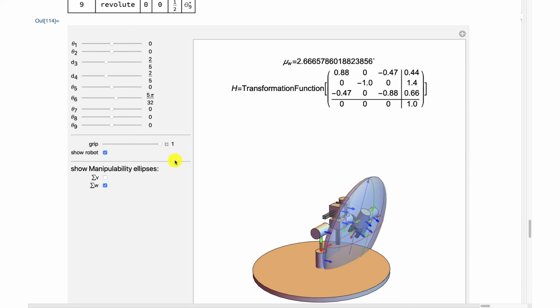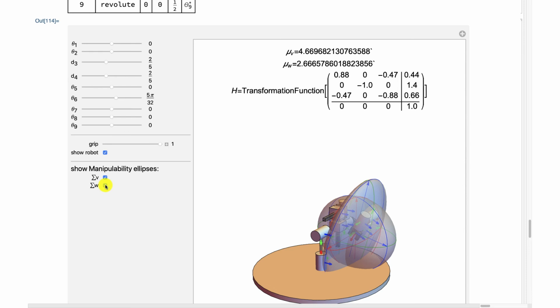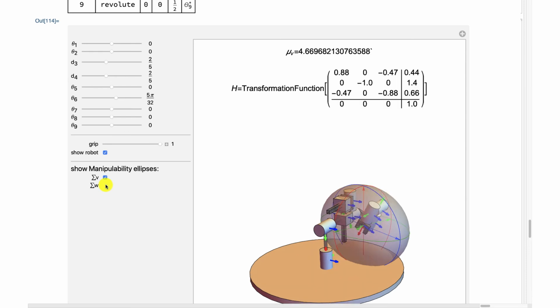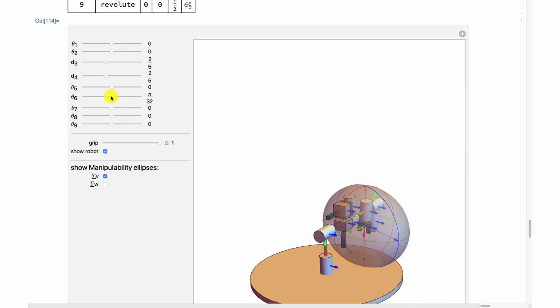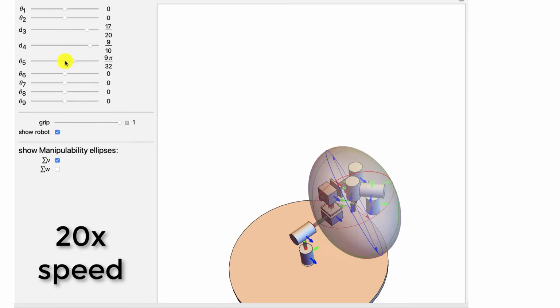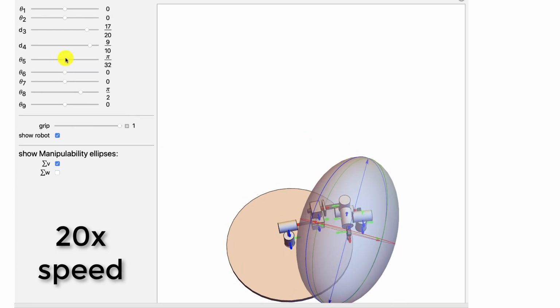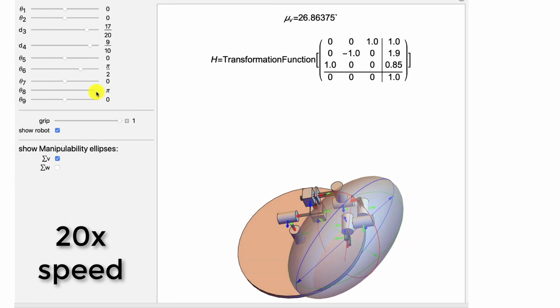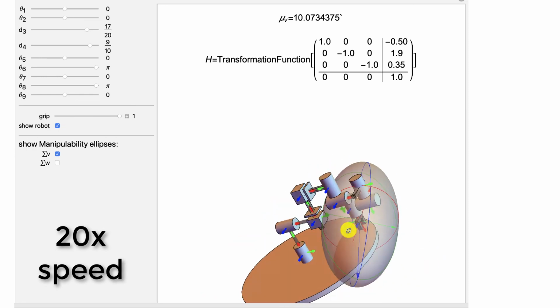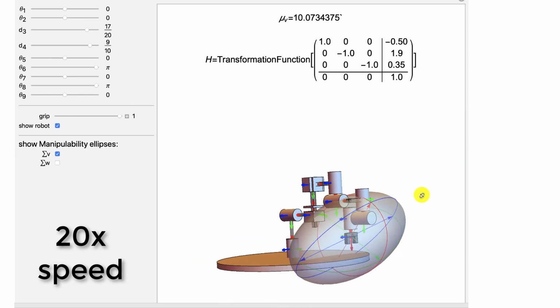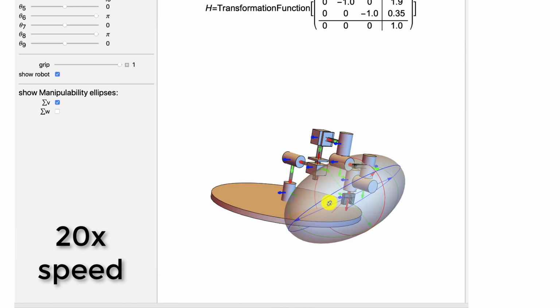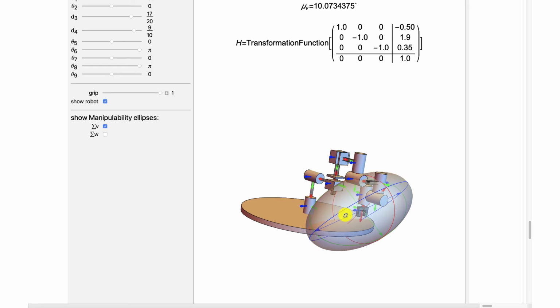Imagine if I play around with it, though, I can find a singular position in my velocity. So let me try to do that. Yep.